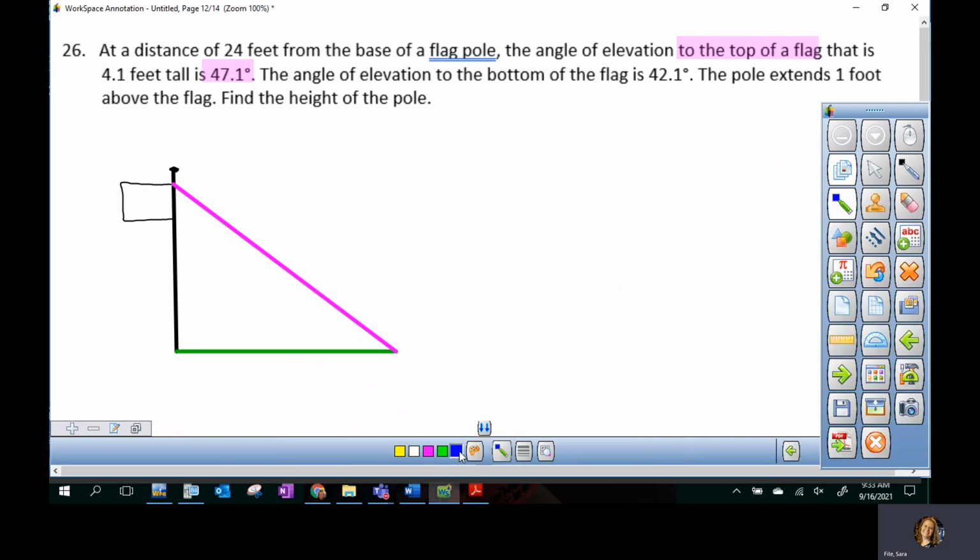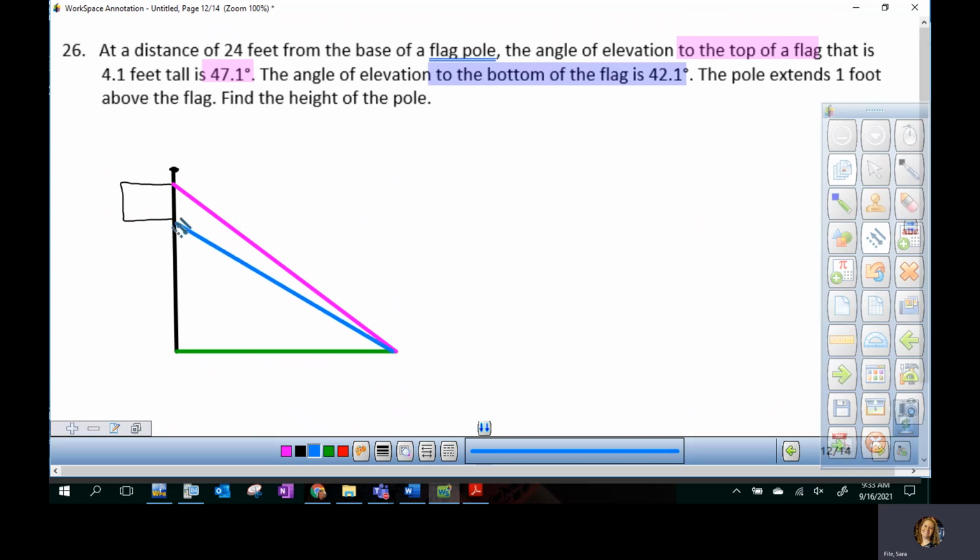Or they said the angle of elevation to the bottom is 42.1. So your other option was to draw this to the bottom of the flag, and the angle's a little bit smaller. Y'all see that? That's what all those numbers are telling you. You get to pick which one you want to use.